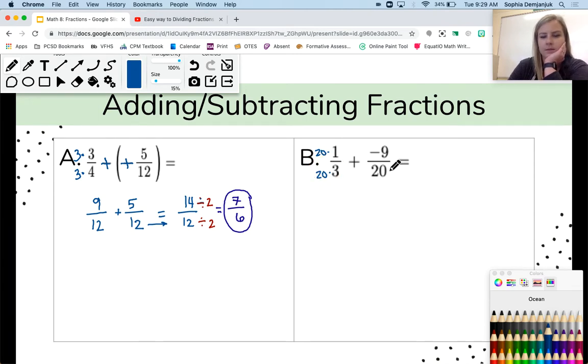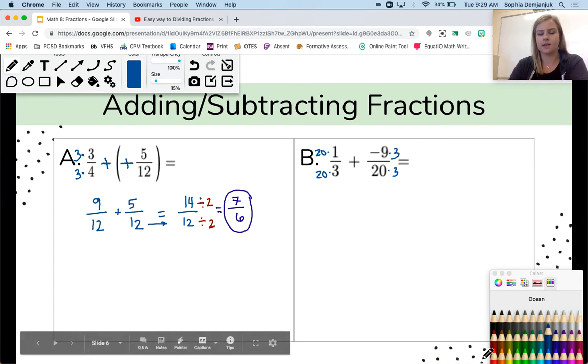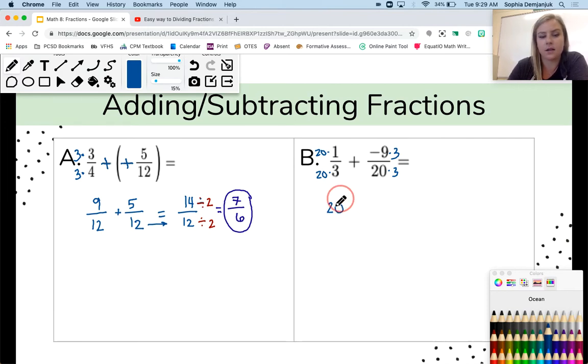That means we would have to multiply this one over here by 3. So they both have 60 as the denominator. So first fraction, 20 times 1 in the numerator gives me 20. 20 times 3 gives me 60. Next fraction, negative 9 times 3 gives me negative 27. 60 in the denominator.